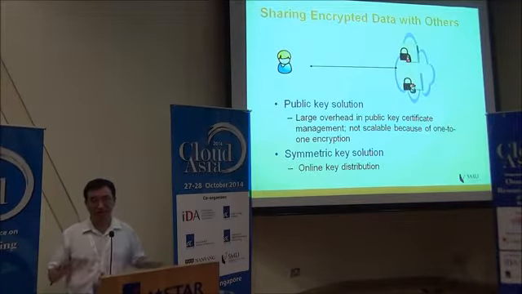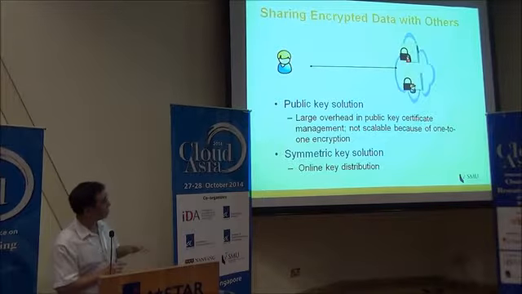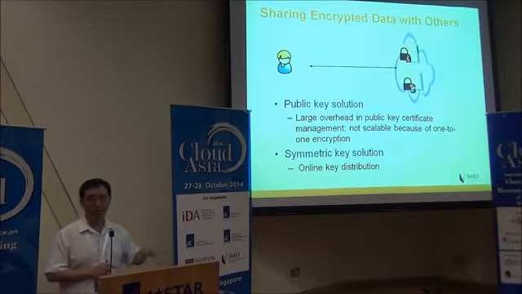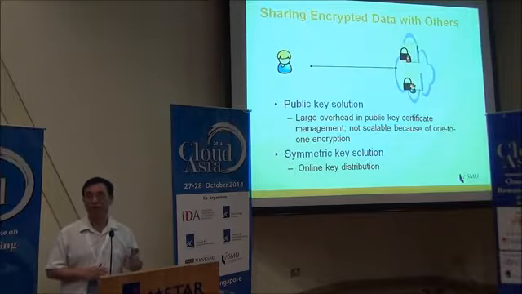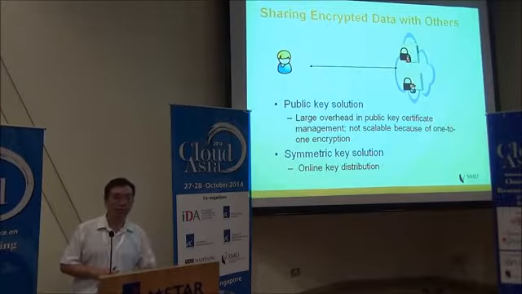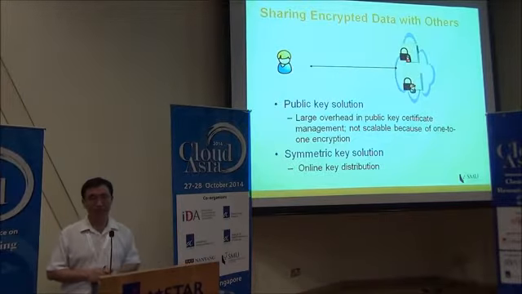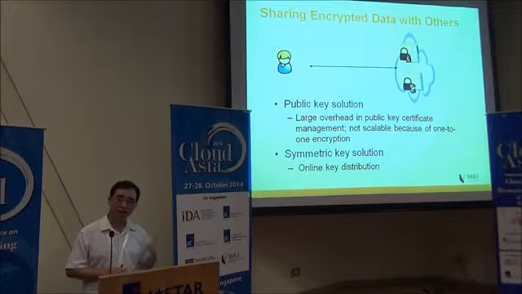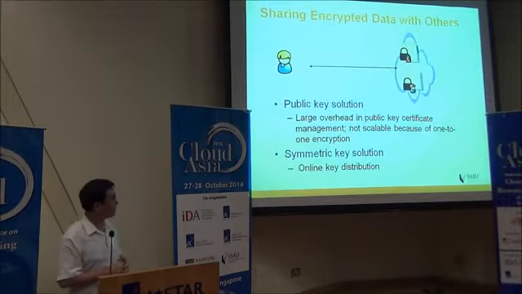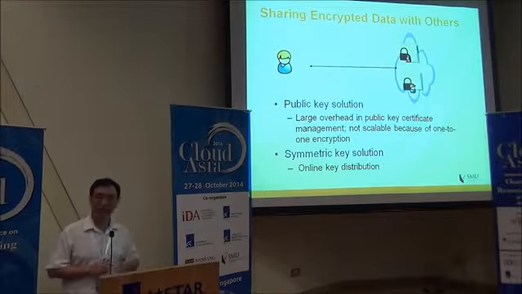You must have a scalable solution. You cannot use one-to-one encryption. I perform the encryption only for one user. If in the organization I have 1,000 users I want to access my data, I must perform encryption 1,000 times. The other problem with the public key solution is always public key certificate management.